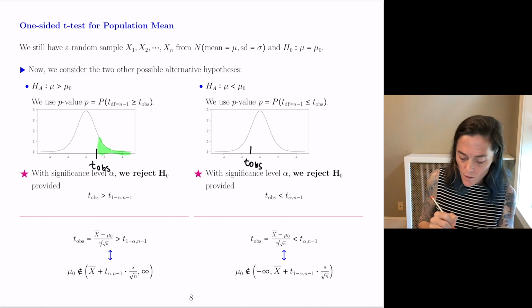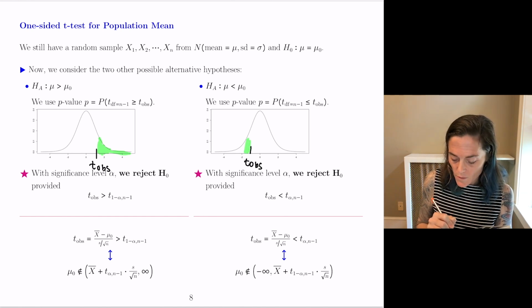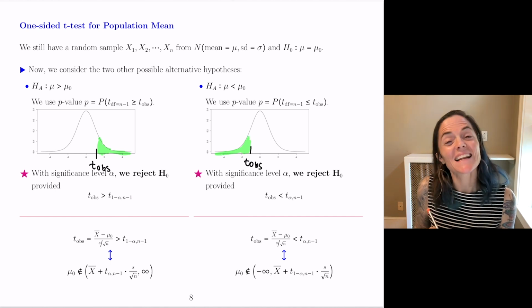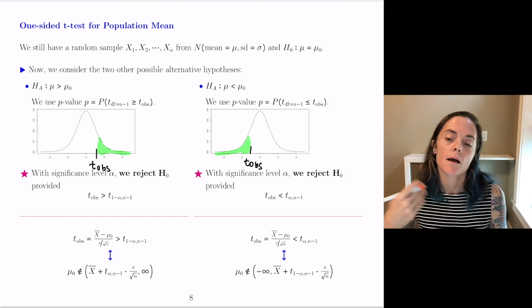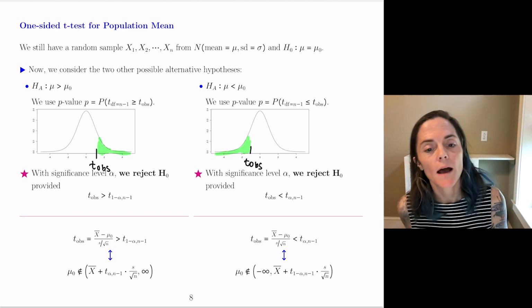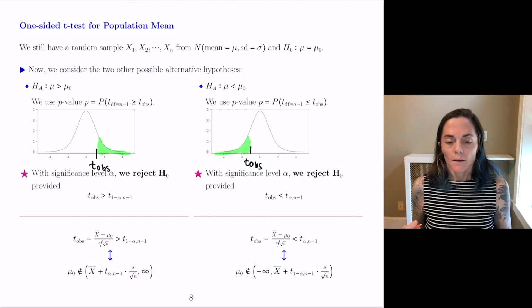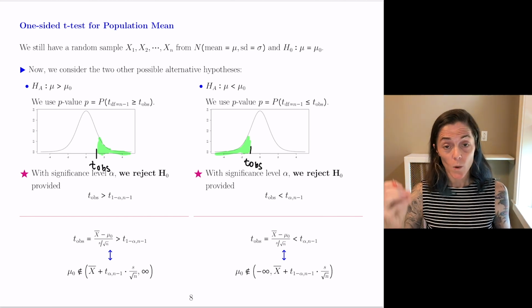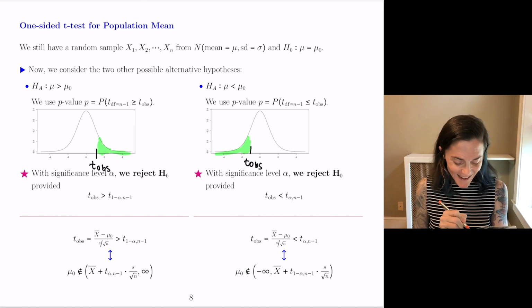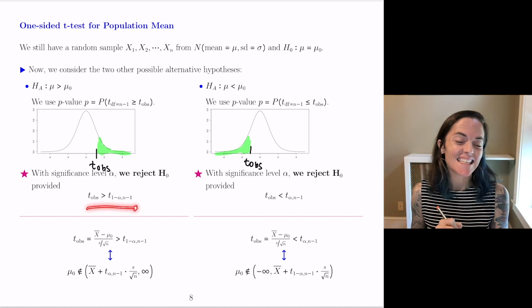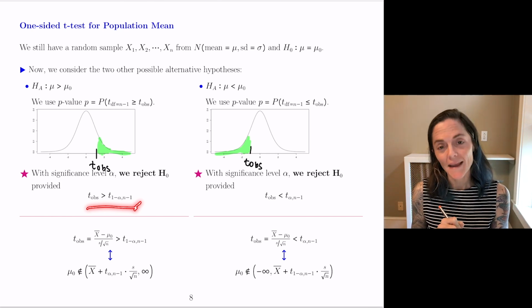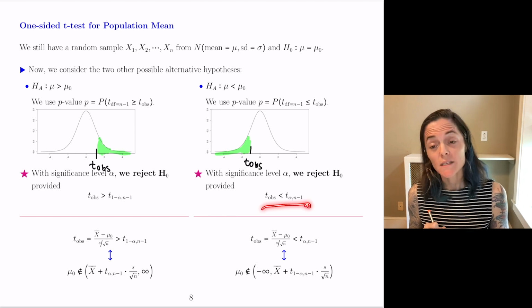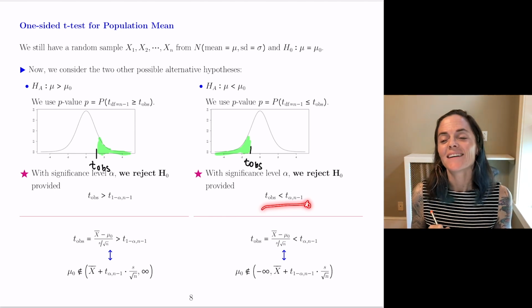And we want the probability that the t distribution, n-1 degrees of freedom, is less than or equal to this observed value. We can make a statement in each of these cases about when we reject the null. Here, it's when our observed t-statistic is bigger than the 1 minus alpha quantile. Over here, the observed statistic is less than the alpha quantile.